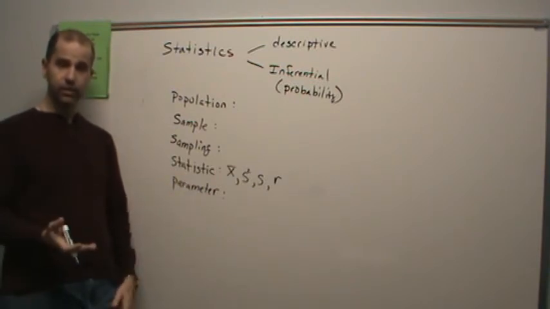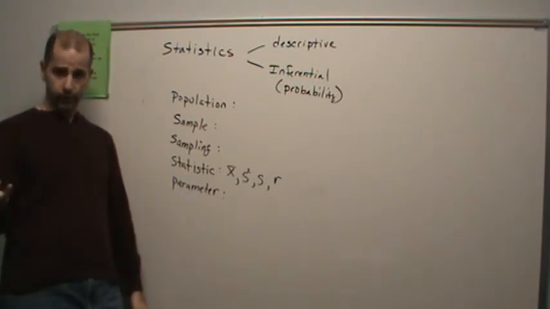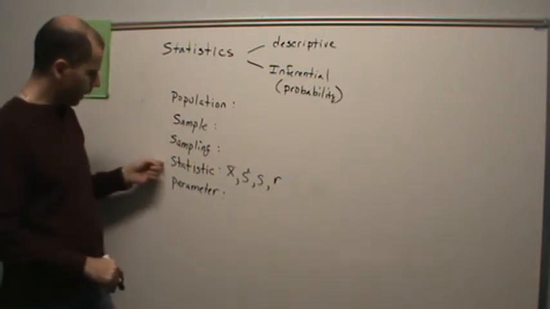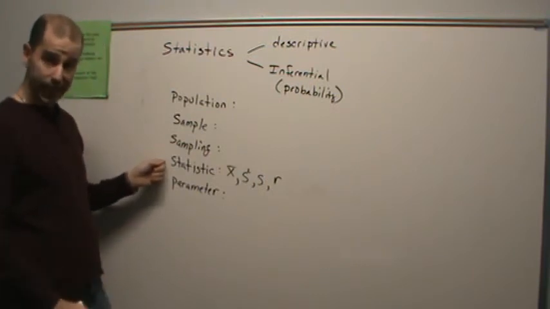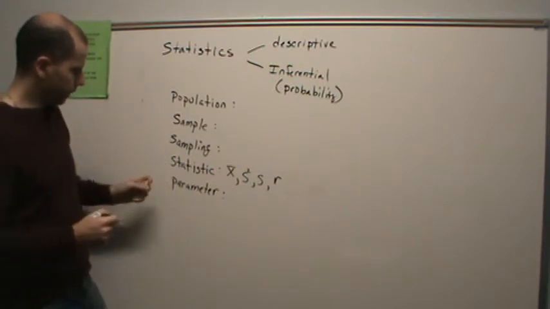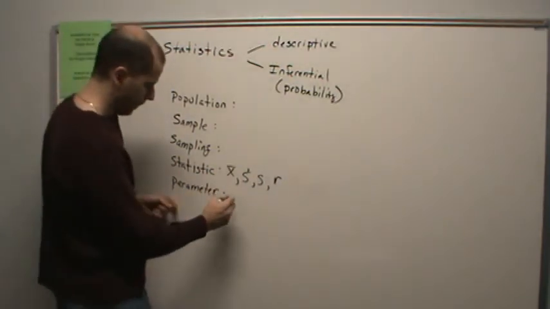But in most cases, we don't know what it is. The statistic, we do know what it is. We can calculate it. Here's the other thing about parameters. Parameters are fixed.